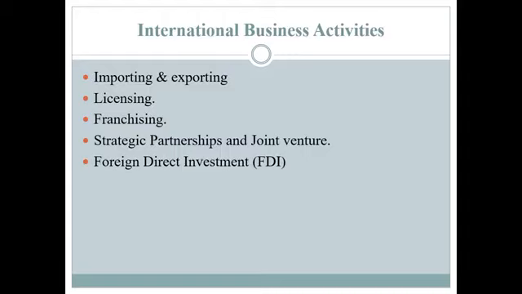Now what is export? Exactly the opposite, or we can term it as the antonym of the term import. A good or service produced in our country, when we market it in another country, is called export. So in simple terms, import means bringing goods into your country, and export means sending your goods outside the country.